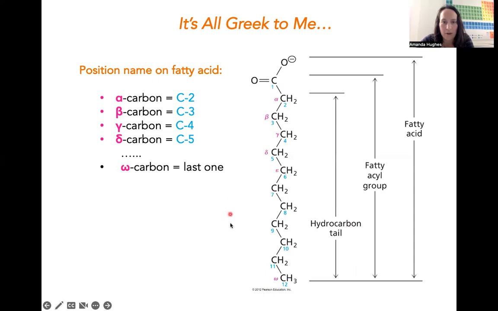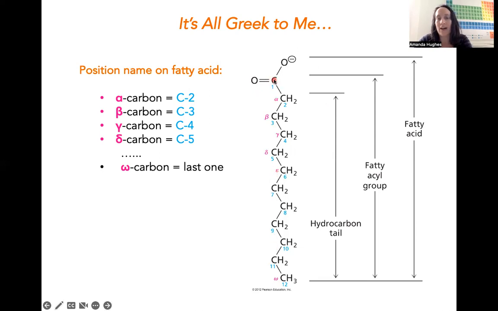A little other bit of nomenclature highlighted in this figure from your book is that the fatty acid refers to this entire complex, with that carboxylic acid moiety. A fatty acyl group, which typically is put on different things like the lipid anchor of a lipid-anchored protein, starts at this carbonyl carbon and then is the long fatty acid chain.